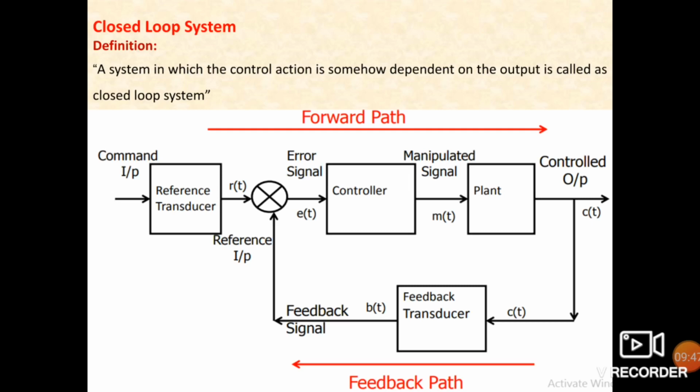This error signal is nothing but the command input minus or plus the reference input, that is, based upon the input given and the feedback, that is, how much the cloth is heated. Based upon it, we are controlling the input. If the cloth is overheated, the automatic electric iron will be turned off, and thus the heating process will be stopped.